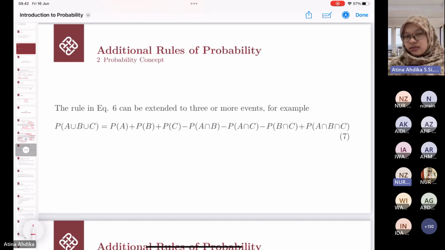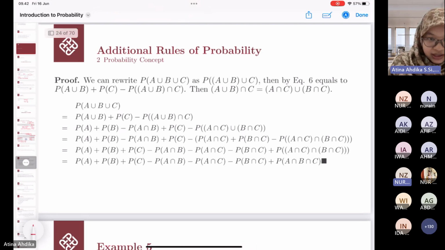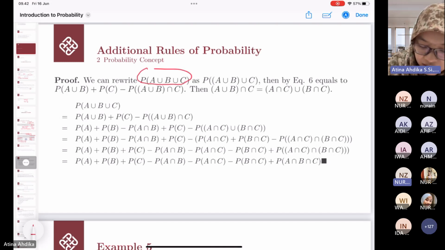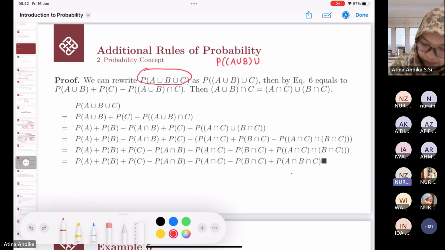We will do a little proving here. So this is the proof. We can rewrite the probability of the union between A, B, and C as the probability of the union between A and B, and then this result we also unify with C.